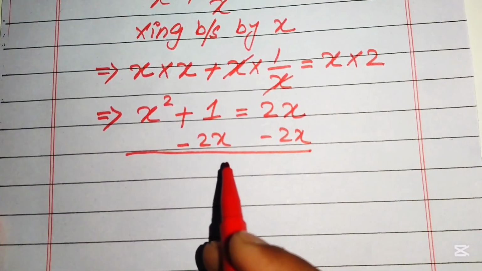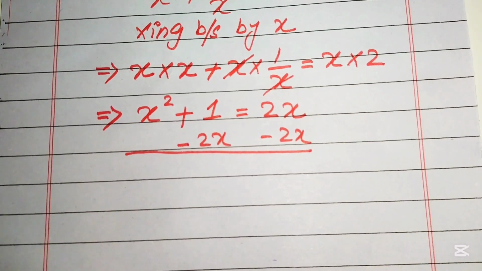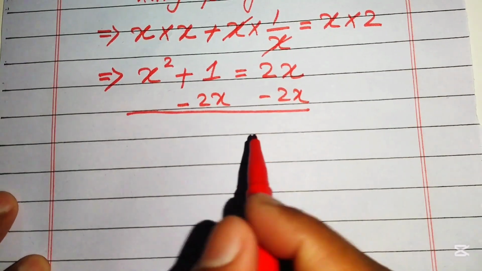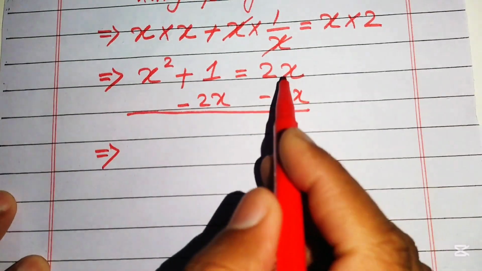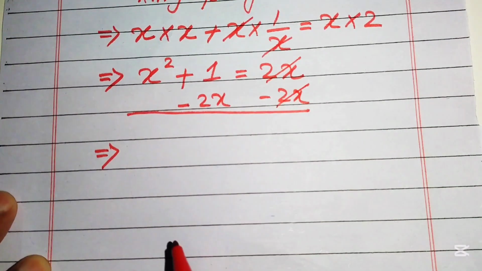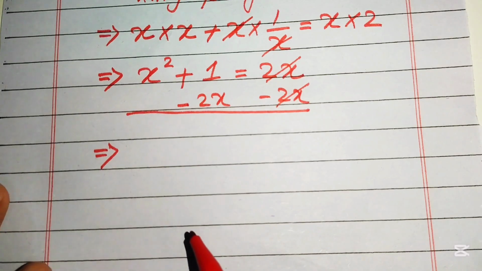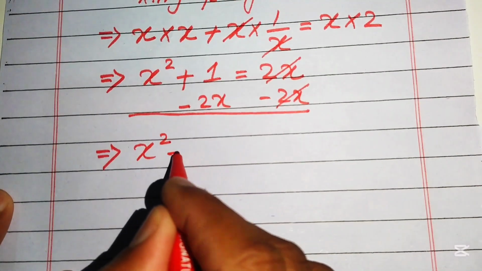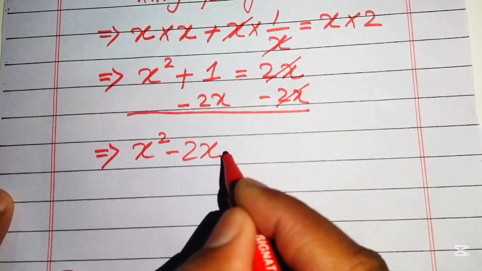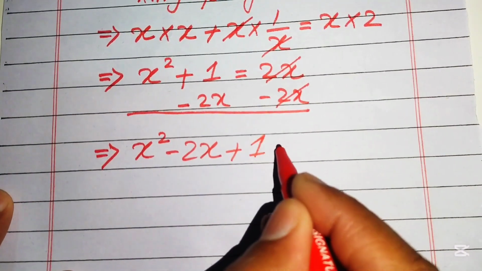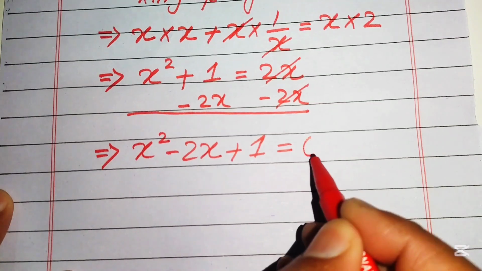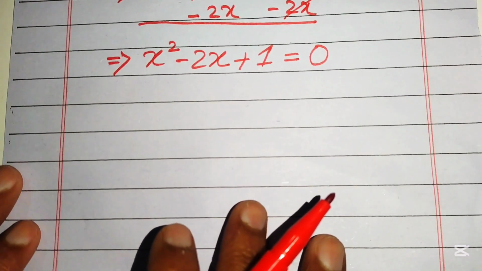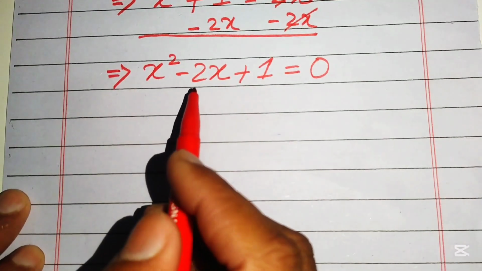So this implies that the positive and negative 2x cancel each other, and on the left hand side we have x square minus 2x plus 1 equals 0.